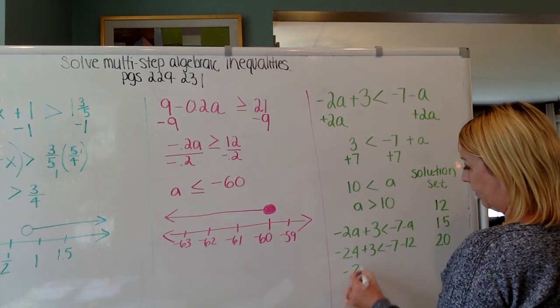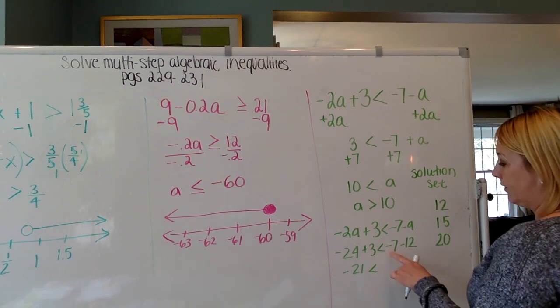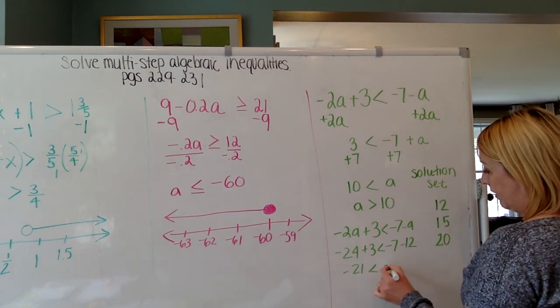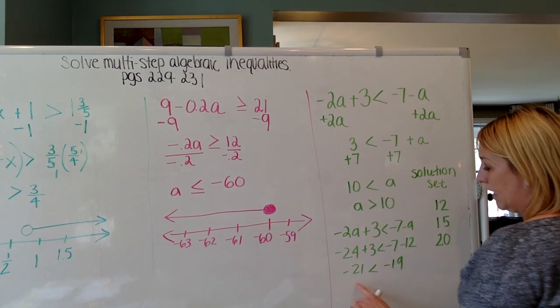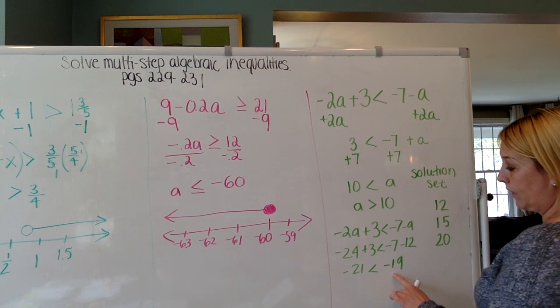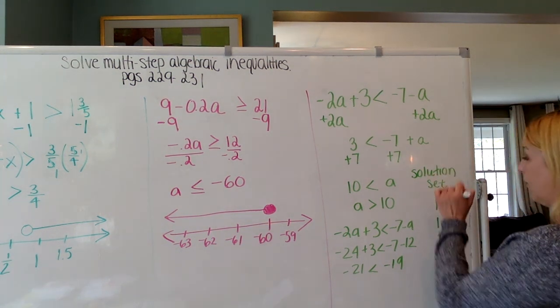This would be negative 21 is less than negative 7 minus 12, which is negative 7 plus negative 12, which is negative 19. And negative 21 is less than negative 19, or negative 19 is greater than negative 21, right? Because it's less negative. So we see that one works.